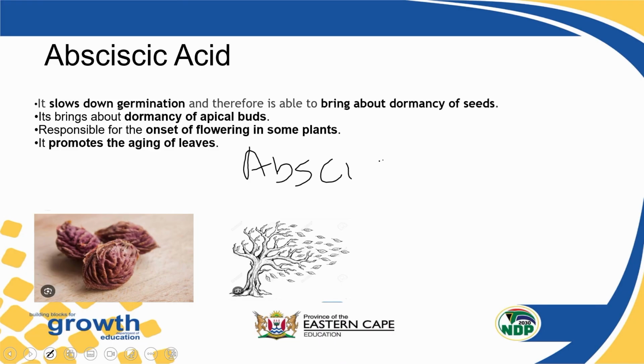We call it abscission. When the leaves fall off, you will understand that during winter, especially in the example that I've come with here, that of peaches, you will find out they usually lose their leaves during winter. We refer to that falling of leaves as abscission of leaves. The hormone responsible for the abscission of leaves is abscisic acid.